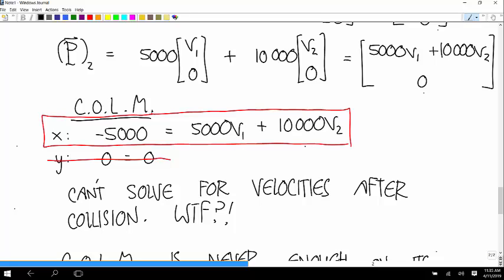If V1 is equal to V2, then what we have here is just 15,000 V. We've reduced it to a single variable, and then we can solve for what that combined velocity is. Okay, you with me on that?